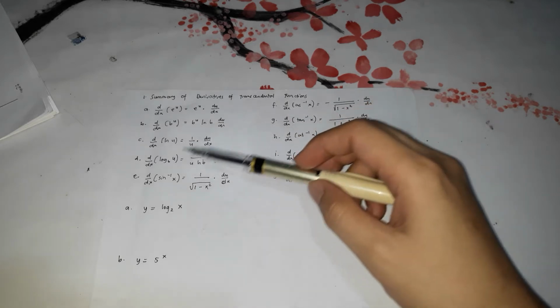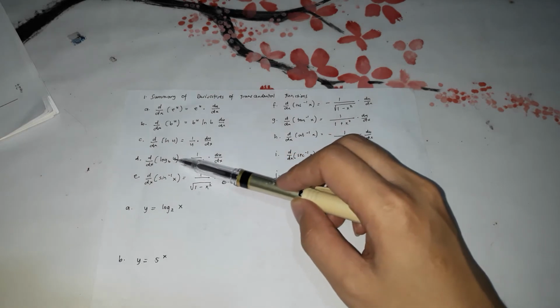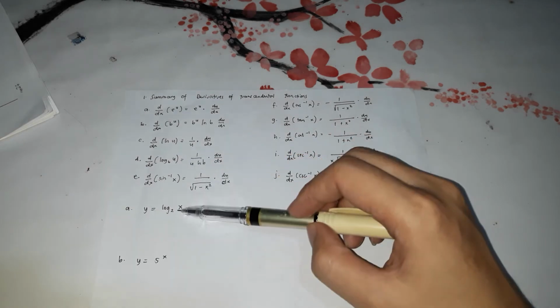So, for the example, letter A, y is equal to log of x to the base 2. What we're going to use is letter D. Here b is 2 and u is x.